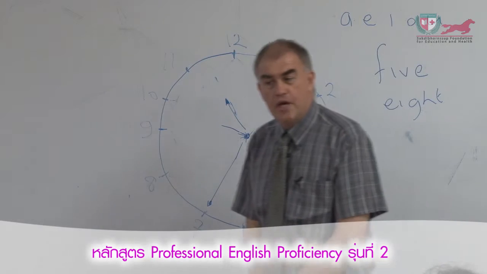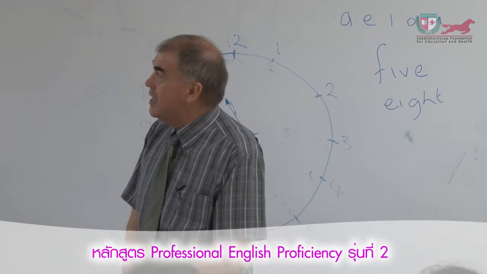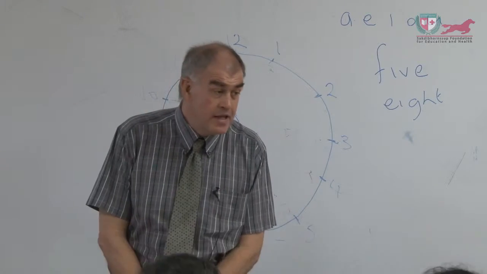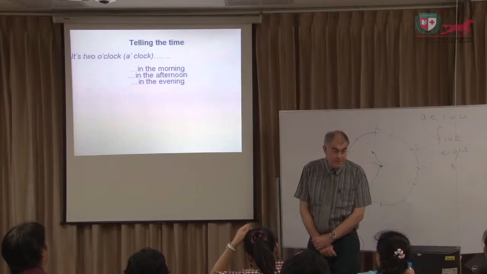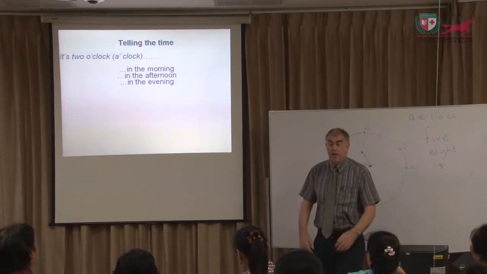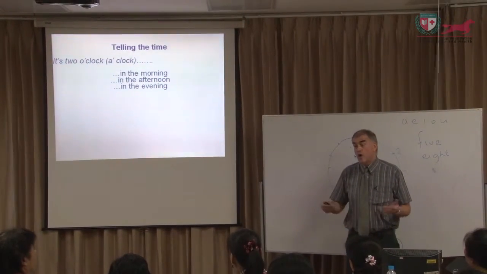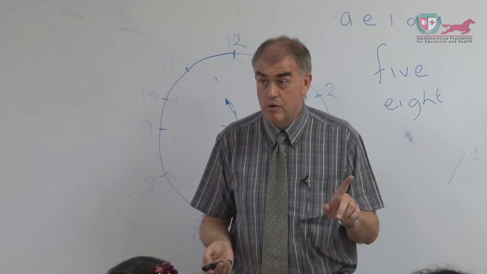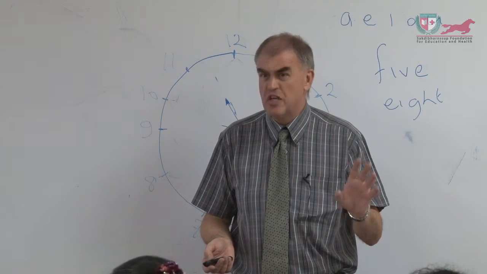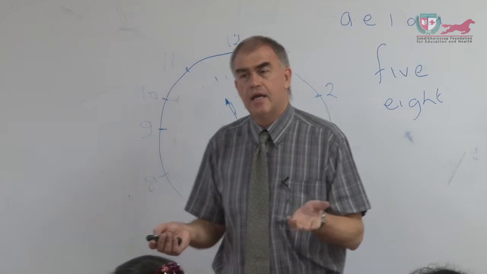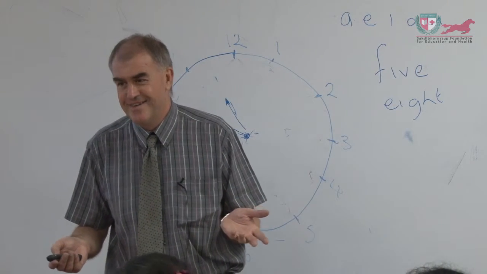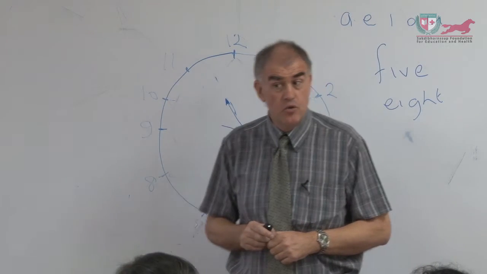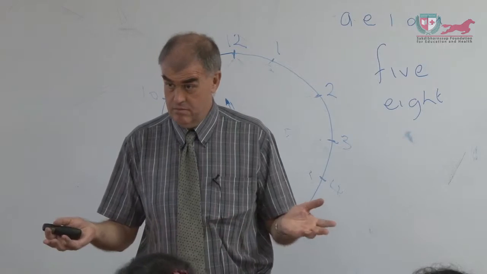So what we normally do, we say it's in the morning or in the afternoon or in the evening, yeah. So if it's 2 o'clock, it's 2 o'clock in the morning. We know. In the morning it's early, yeah? In Thai, T song. So if it's 2 o'clock, it's 2 o'clock in the afternoon.